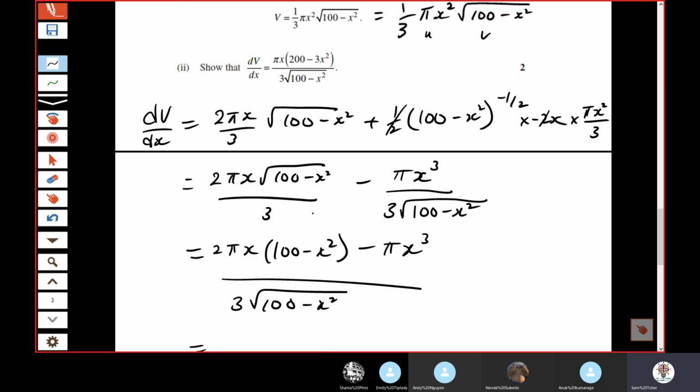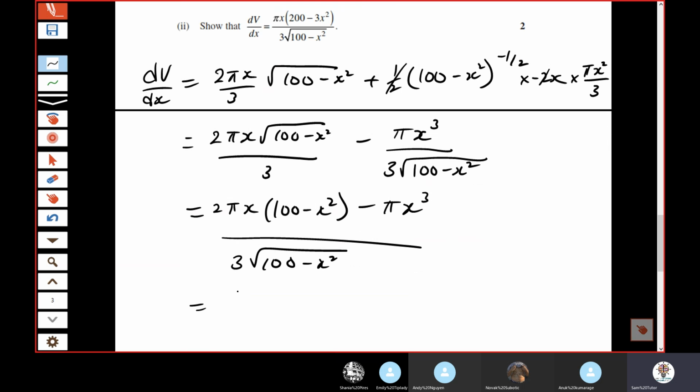Next line, pi x, I'll do it slow, 200, but I think you all know we have it. 200 pi x minus 2 pi x cubed minus another pi x cubed is minus 3, exactly like they wanted up here.